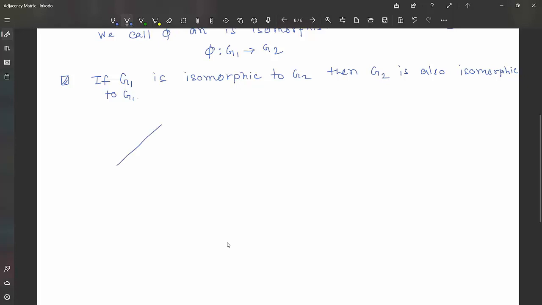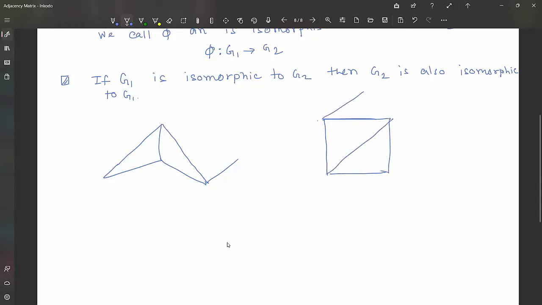Suppose this is one graph, and suppose H, take this as another graph. Suppose these two are graphs, where the vertices are V1, V2, V3, V4 and V5.